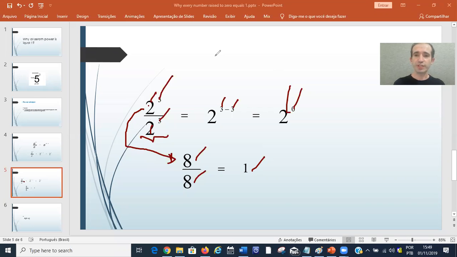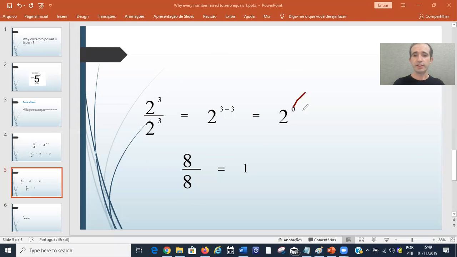Because when we have a zeroth power, this kind of power is the result from the division between two equal powers, or it's the same as a number divided by itself. All right?